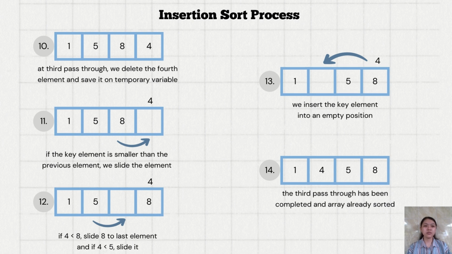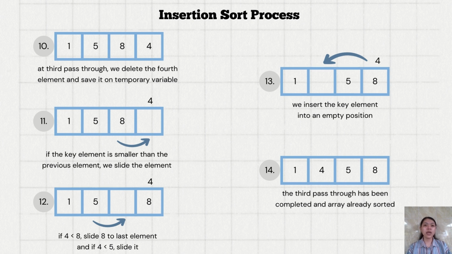At the third pass-through, we delete the fourth element, or number 4, and set it in a temporary variable. If the key element is smaller than the previous element, we slide the element. We compare number 4 with the previous elements. They are 8, 5, and 1. 4 is larger than 1 but smaller than 5 and 8.